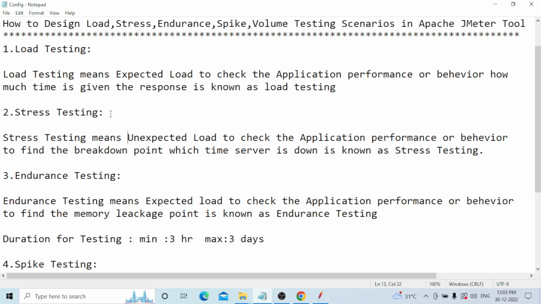At that time there are unexpected users coming at a specific time or on specific days, and they hit the application.